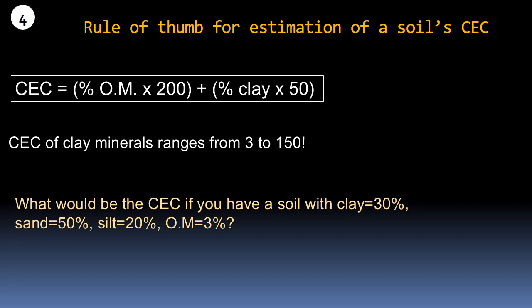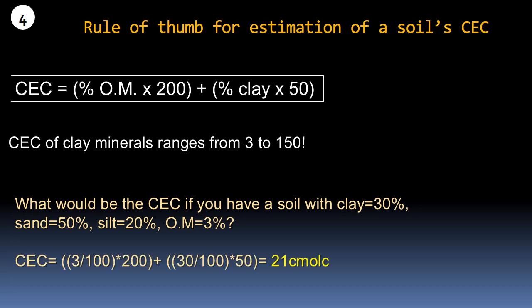We can apply it in the equation. So CEC would equal the percentage of organic matter times 200, plus the percentage of clay times 50, and that would be almost 21 centimole per kilogram in this soil. So that's the unit. Easy example, right?